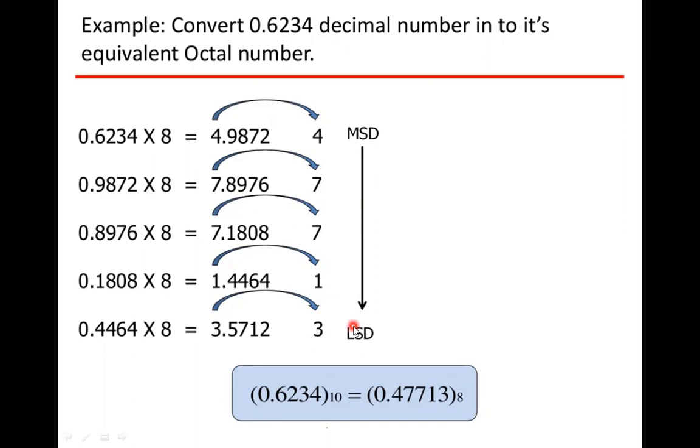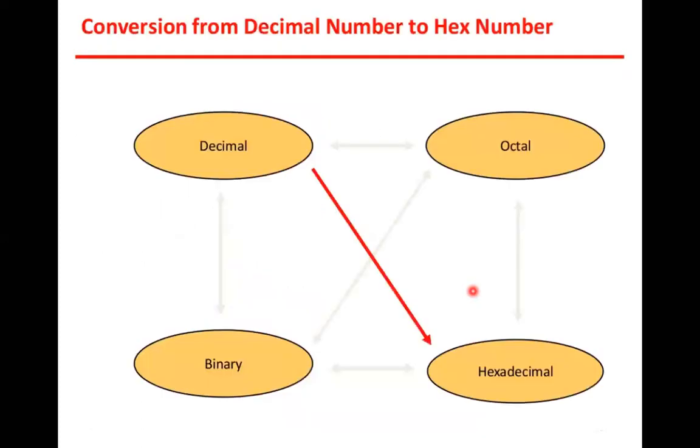So for the fractional decimal number converting into an octal number system, this comes like point, we need to put a point, 0.47713.